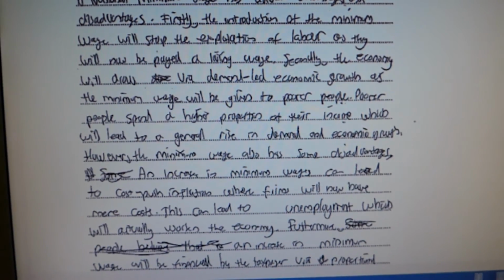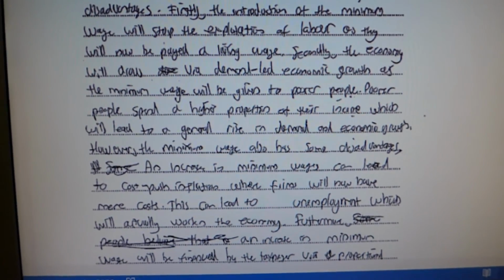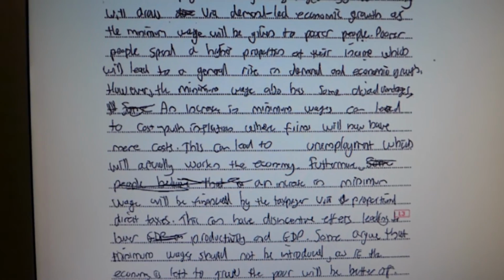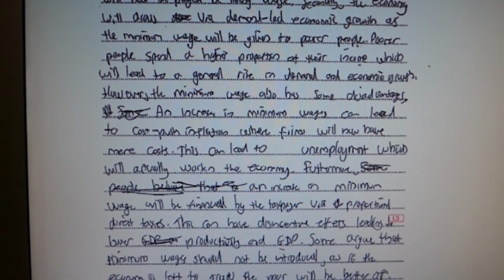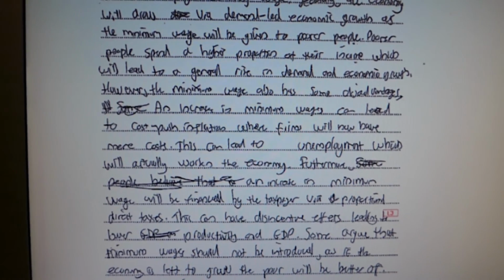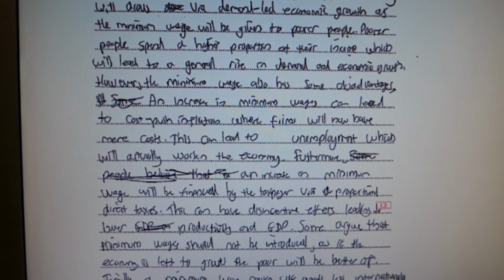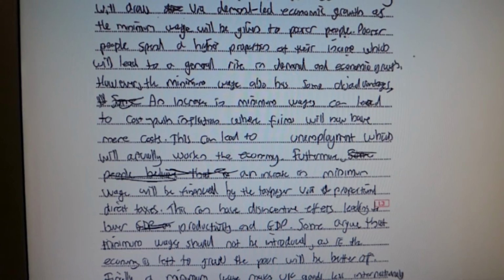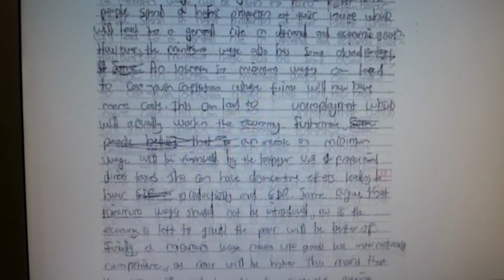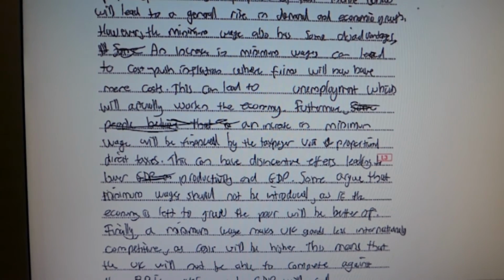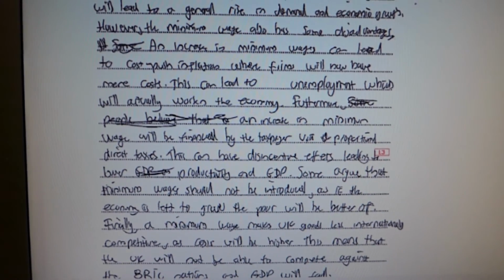An increase in minimum wages can lead to cost push inflation, nice, where firms will now have more costs. This can lead to unemployment, which actually weakens the economy. Furthermore, an increase in the minimum wage will be financed by the taxpayer via taxation. This can have disincentive effects leading to lower productivity and GDP.